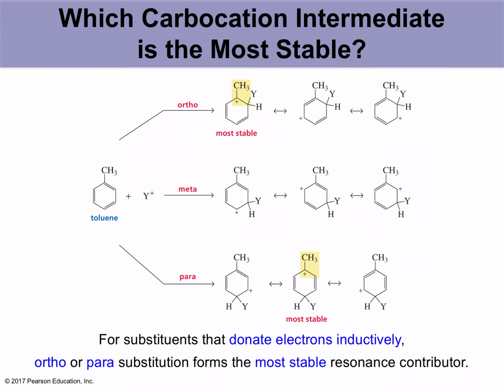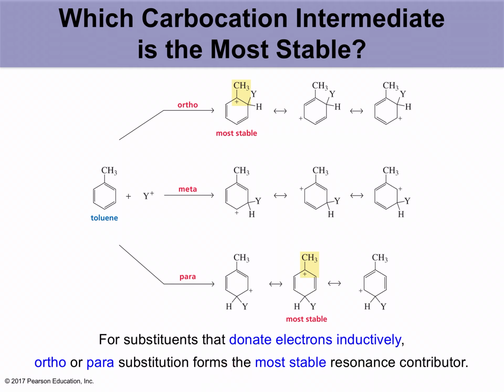Now the same thing, if you have a methyl group. Methyl is an alkyl group, it cannot form resonance, but it can donate electrons through induction. For substituents that donate electrons inductively, ortho or para substitution forms the most stable resonance contributor.